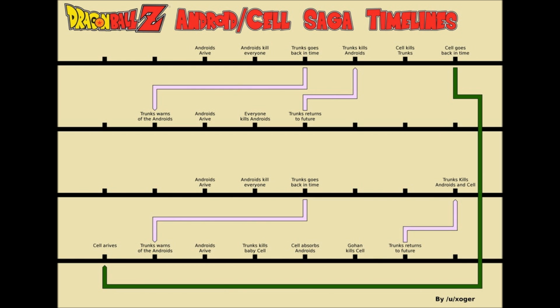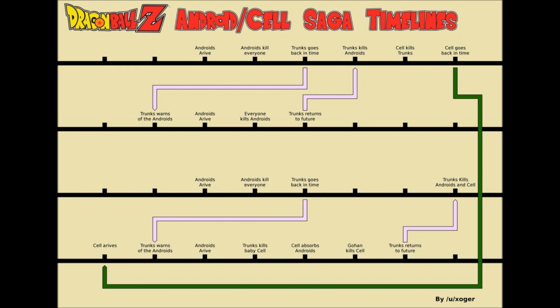Then Bulma pulls out the time machine that Cell used, the one from the original timeline. So they use this and end up going back to Trunks' timeline. But that's not how this would end up working.